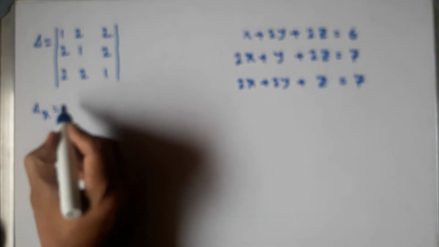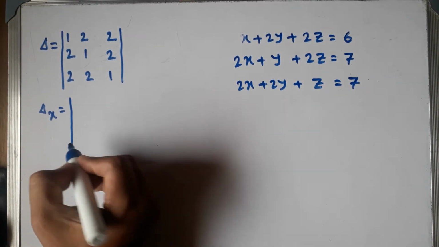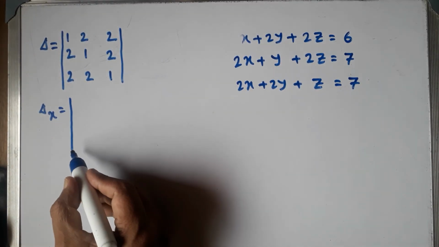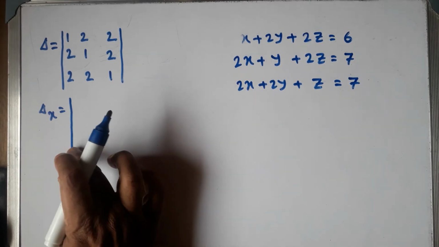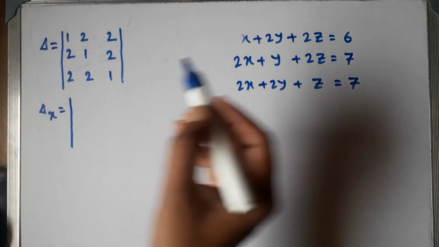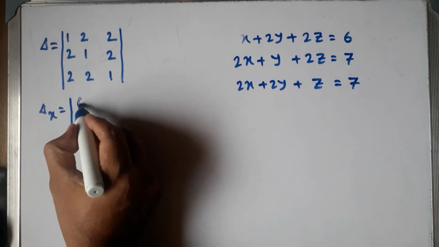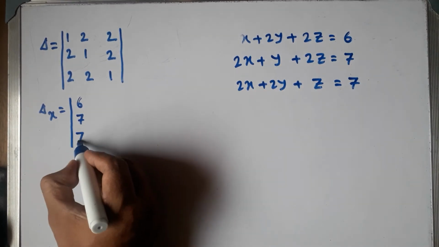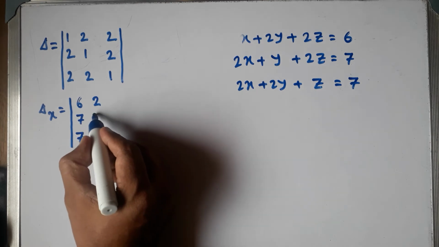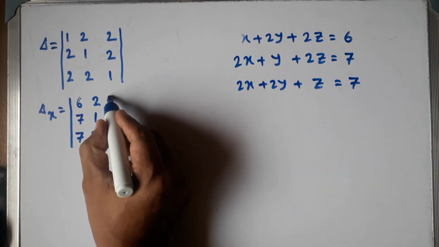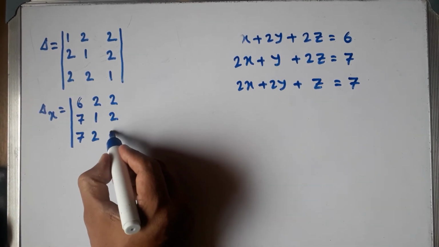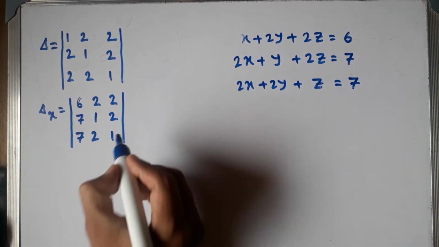Delta x is the determinant where the first column is replaced by 6 7 7, so it is 6 7 7, 2 1 2, then 2 2 1. This is delta x.